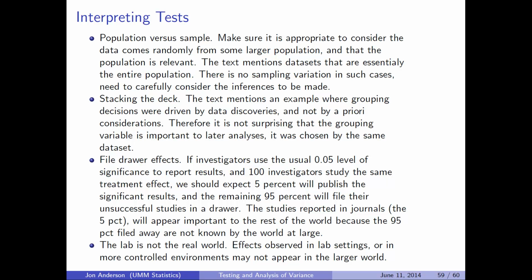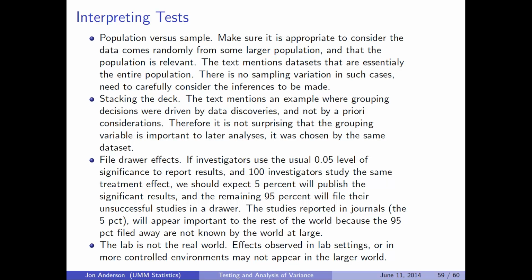Another phenomenon is the idea of file drawer effects. If you use a typical 5% probability cutoff to report significant results, and you have 100 investigators studying the same phenomenon and the same treatment, you should expect that about 5% of the 100 will report and publish significant results, and the other 95% that didn't find anything will just file their study in a drawer.